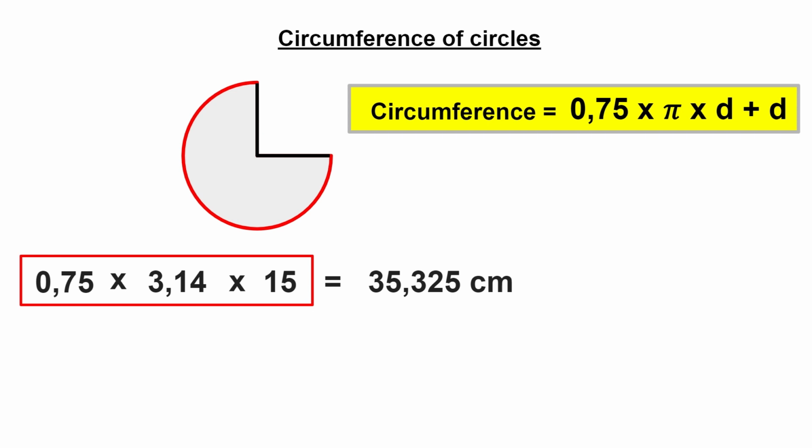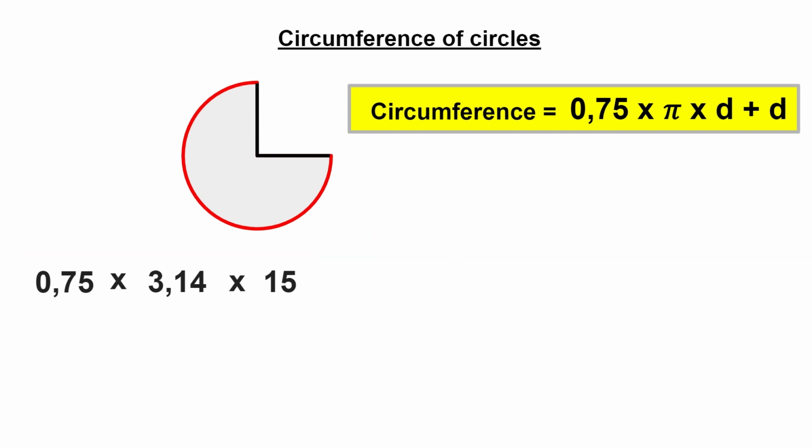So this means 35.325 centimeters is not the full distance around the shape. Remember, circumference is the full distance around a circle. And this means we'll need to also include the length of the radius here and the radius here. And remember, radius is half of the length of diameter.